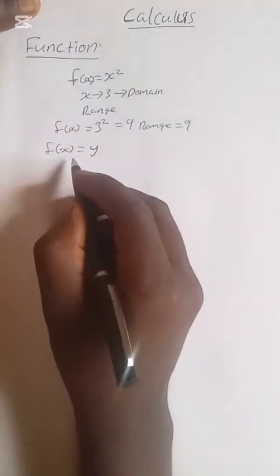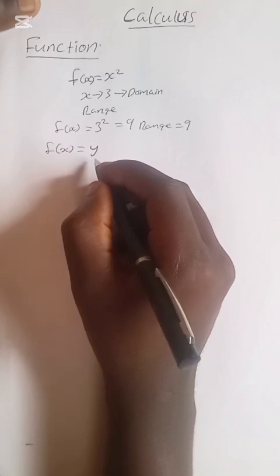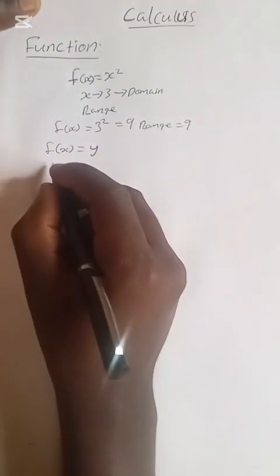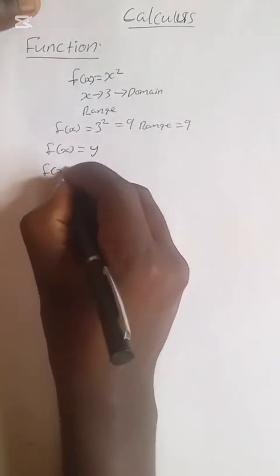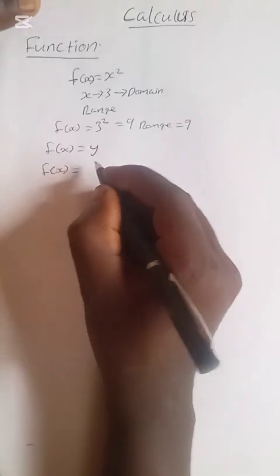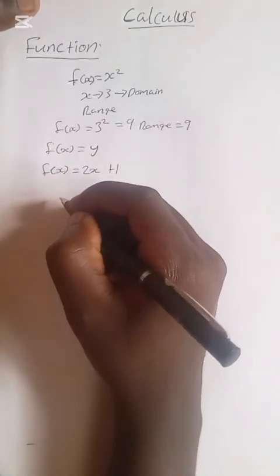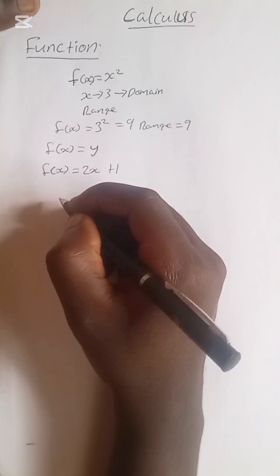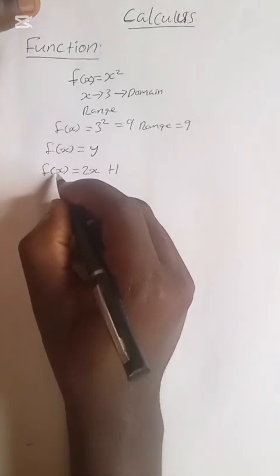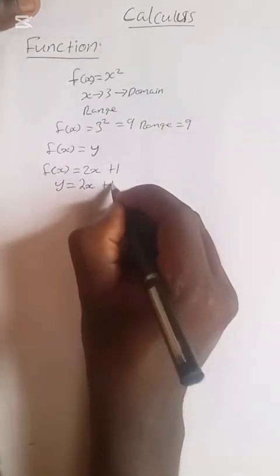So let me use an example: we are given f of x is equal to 2x plus 1. When you look at this, you will see that this f of x can also be represented with y.